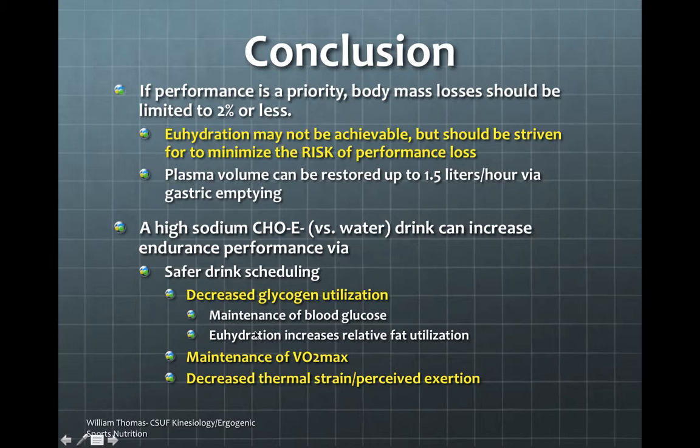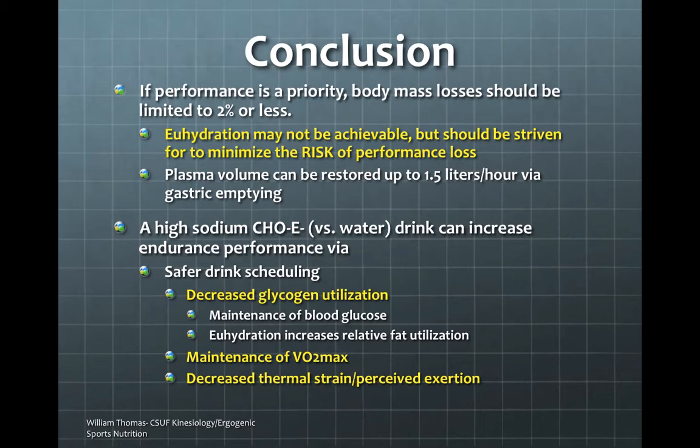So in conclusion, if performance is a priority, body mass losses should be limited to 2% or less. Some literature suggests 2% or less. The majority of literature suggests 3%.